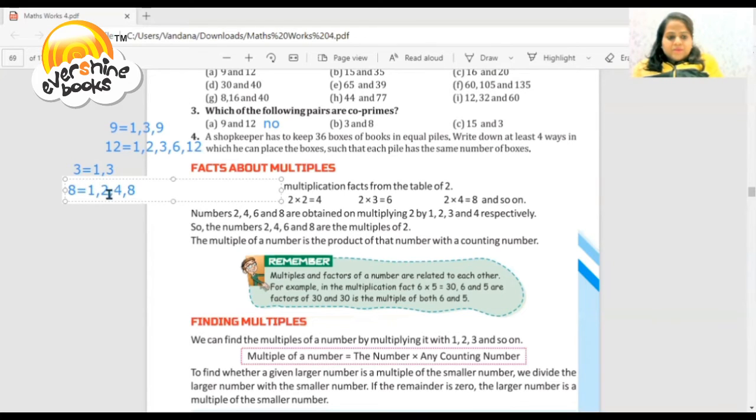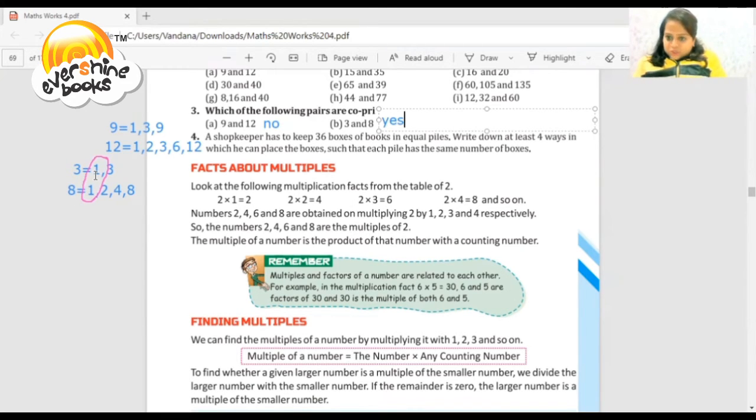Now here you will find that 1 is the only common factor. So we can say that 1 is the highest common factor, which means co-prime. So your answer is yes, because as I told you, the definition of co-prime is that in both numbers, 1 should be the highest common factor.